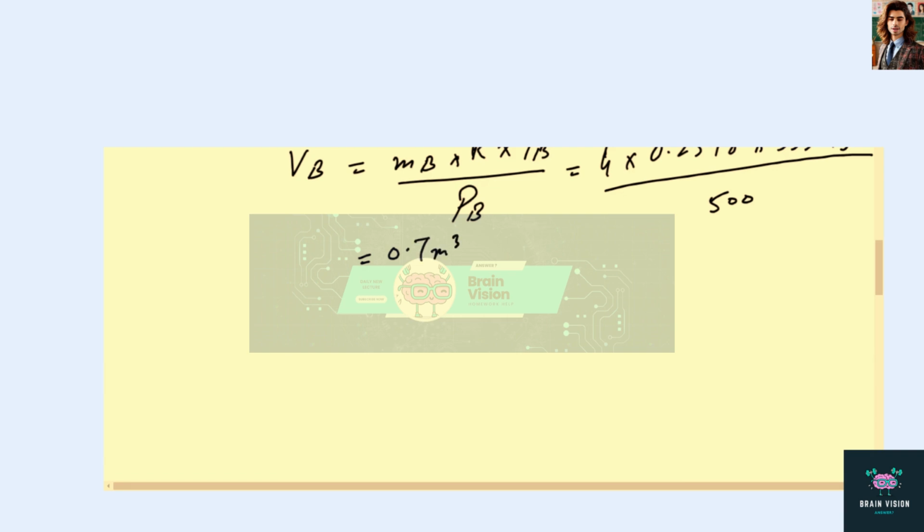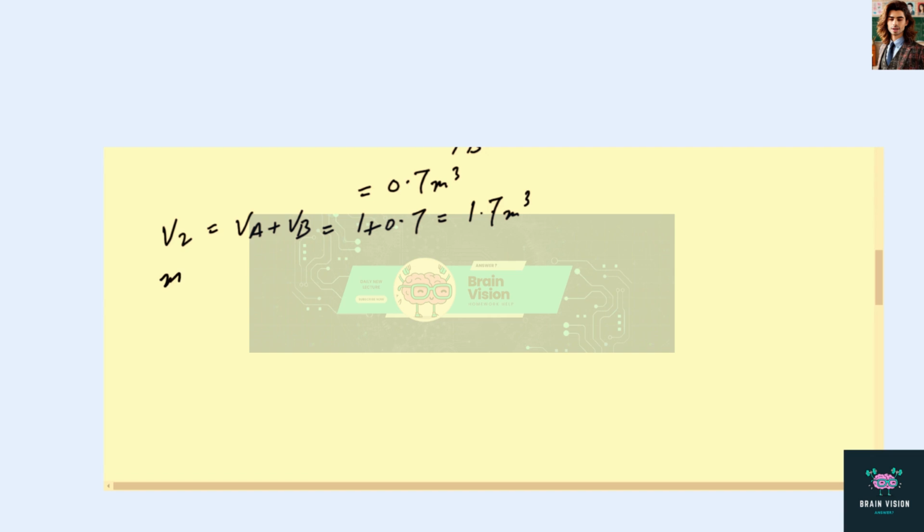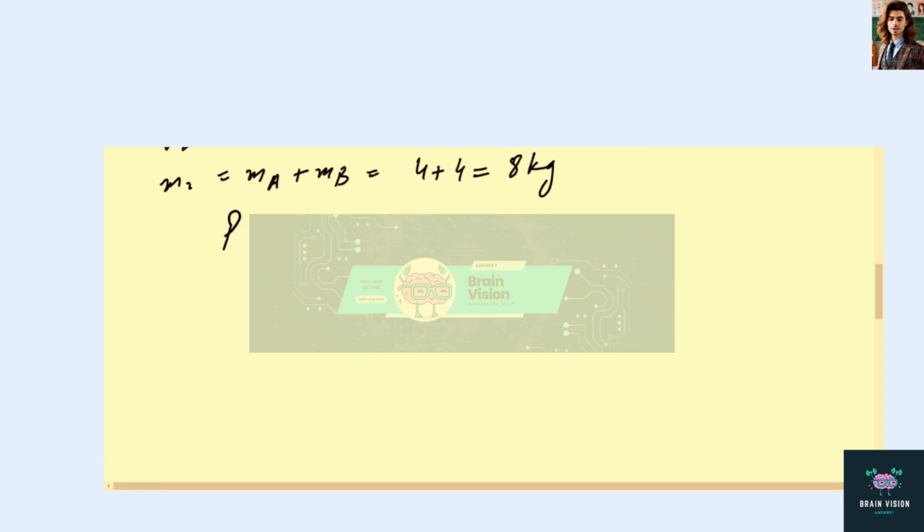The total volume of rooms A and B is V2 is equal to VA plus VB is equal to 1 plus 0.7, 1.7 cubic meters. We've got M2 is equal to MA plus MB is equal to 4 plus 4 is equal to 8 kg. From the ideal gas equation we can calculate the final pressure, that is P2 into V2 is equal to M2 into R into T2.